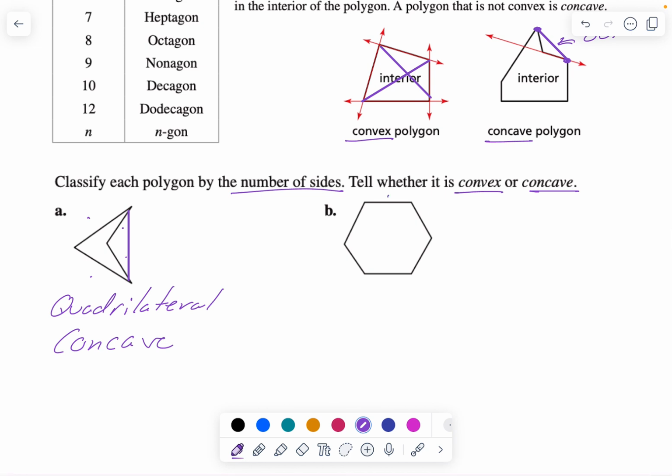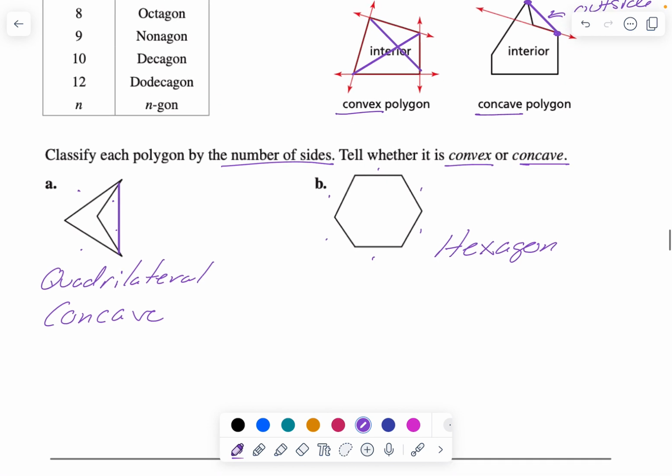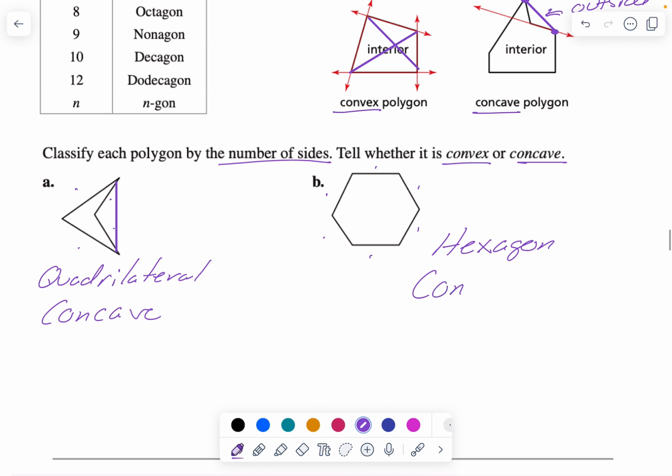This one is 1, 2, 3, 4, 5, 6, so it's a hexagon. And it is convex. If we try to connect any 2 vertices here, it will always stay inside. Oops, that was kind of curvy, but you get the idea.